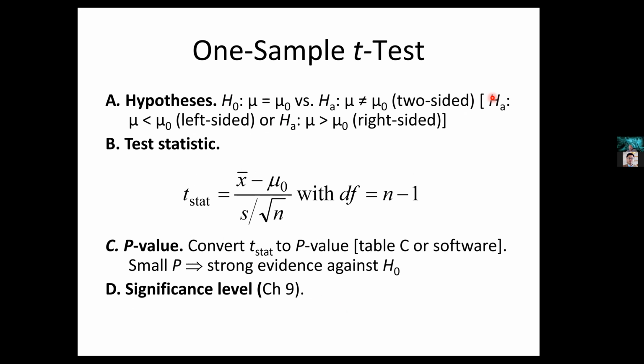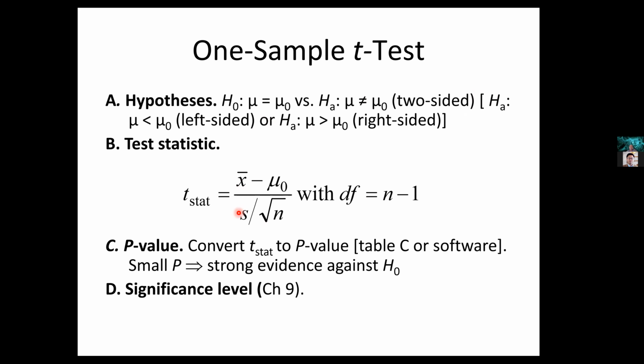So this is where you're going to see left-sided versus right-sided, and it's going to get into two-tailed t-tests. But from this slide onwards, we're just going to understand some examples based on the one-sided test.